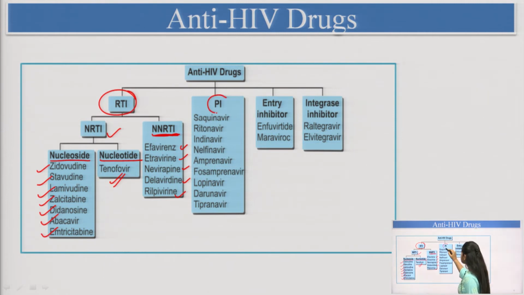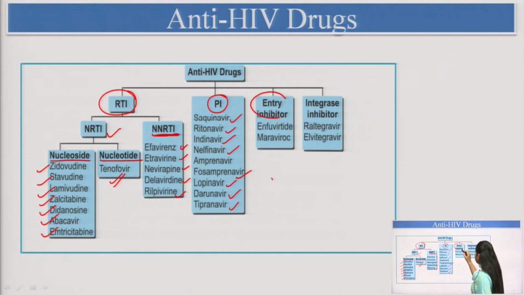Then protease inhibitors. They are helping in the step where the inactive proteins are converted into active proteins. So, they are inhibiting that step. Okay. Saquinavir, ritonavir, indinavir, nelfinavir, amprenavir and fosamprenavir, lopinavir, darunavir, tipranavir.